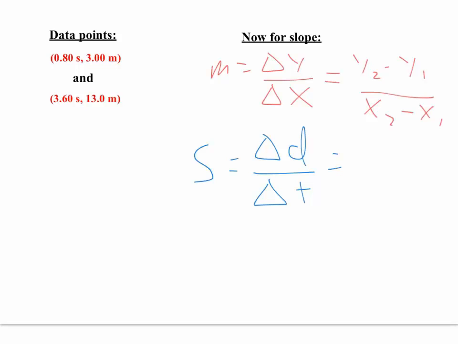So I'm going to rewrite my equation: d2 minus d1 over t2 minus t1. When you're formatting your equations, this is what we want to get used to. We're going to say our goodbyes to x and y and get used to seeing those different variables. Variables are just unknowns. We're using those variables to try to learn something more.